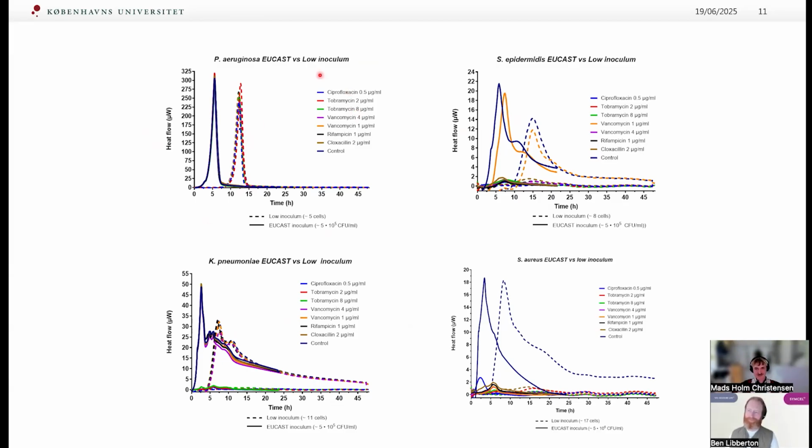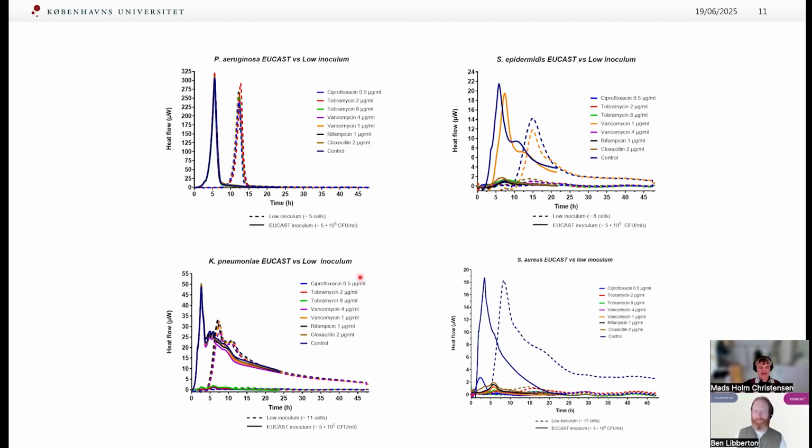And also notice how some of the species have unique, distinct features that you can recognize every time you run your experiments, like Pseudomonas produces a lot of heat, almost 300 microwatts at its peak, which none of the others do. And then this Klebsiella isolate has this very characteristic secondary bumps or peaks after the initial peak, and it still retains that characteristic even at a very low inoculum.